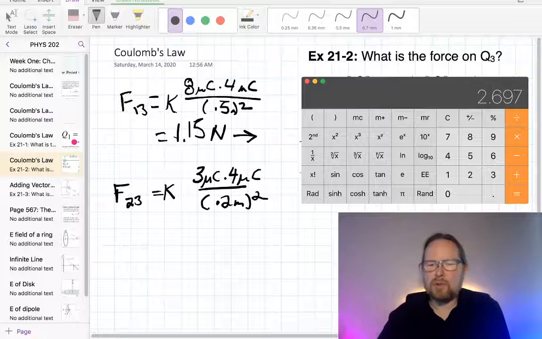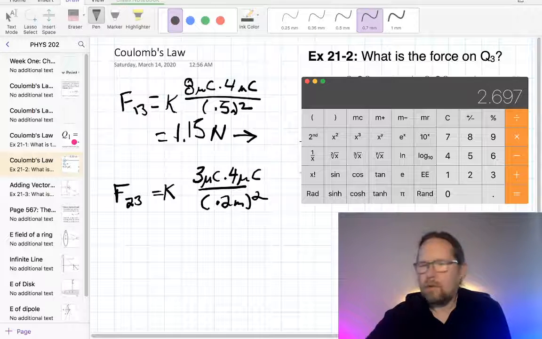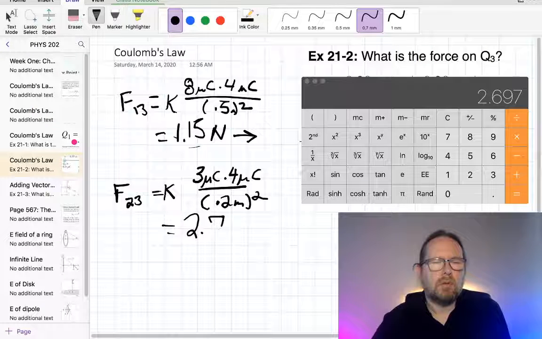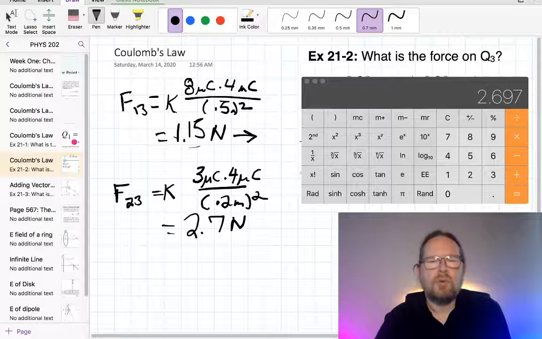We'll go ahead and round that up to 2.7 newtons to the left, because Q2 and Q3 are opposite charges, so Q2 is pulling Q3 towards the left.